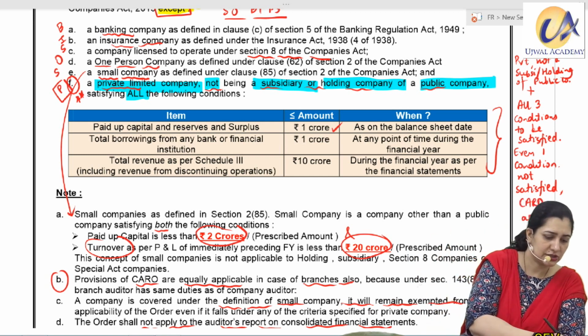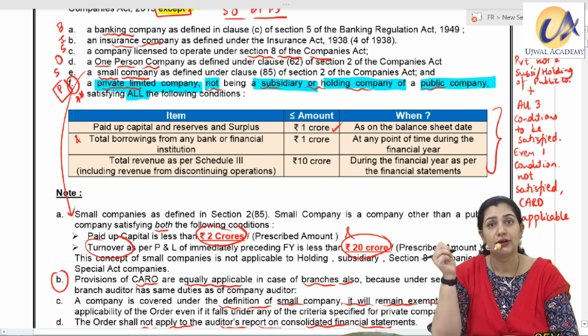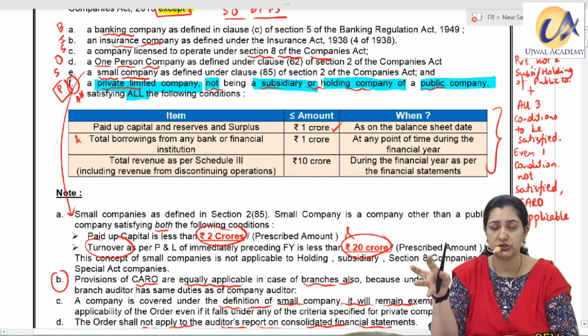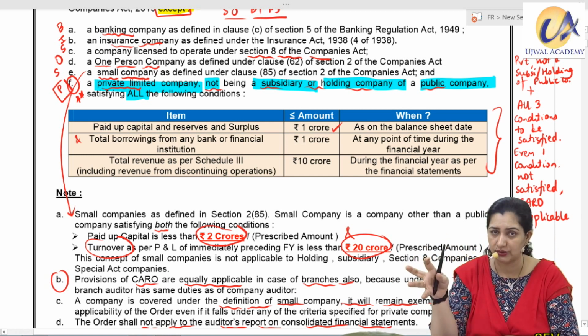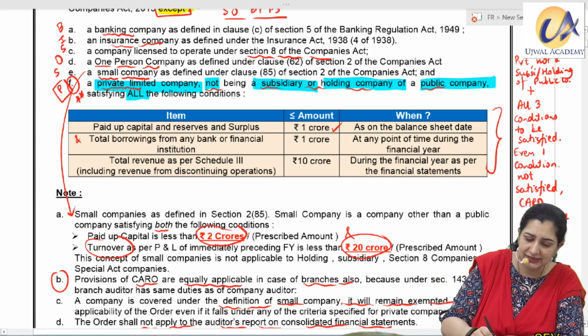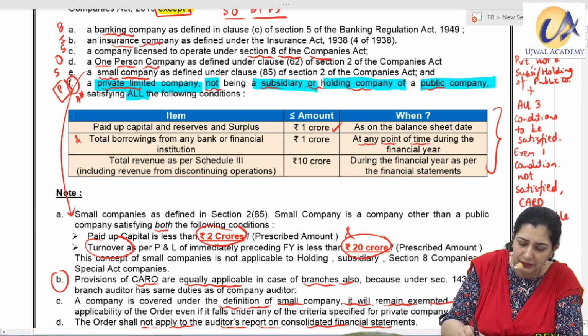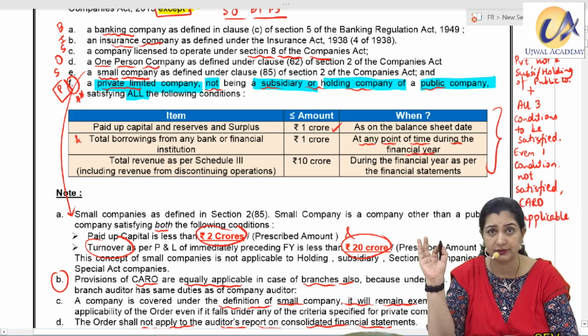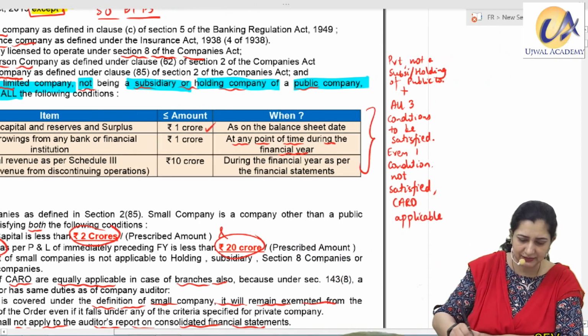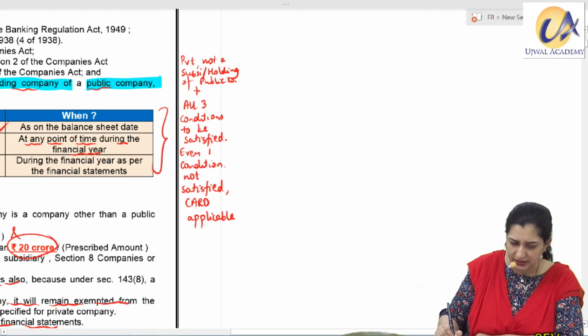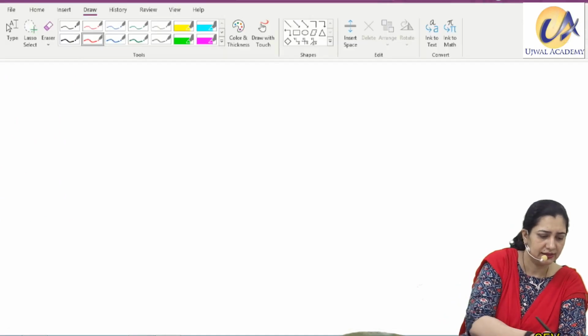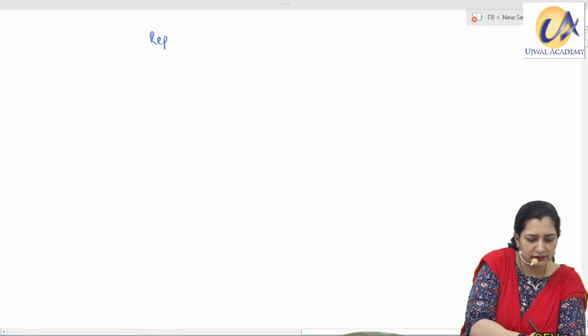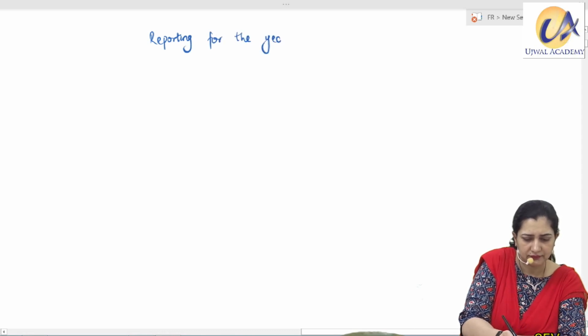And its total borrowings from banks, financial institutions should be again less than or equal to 1 crore. But this 1 crore I am seeing is at any point of time during the financial year. Very important. Any point of time during the financial year. So let me explain this to you. Suppose I am doing reporting for the year 21-22.